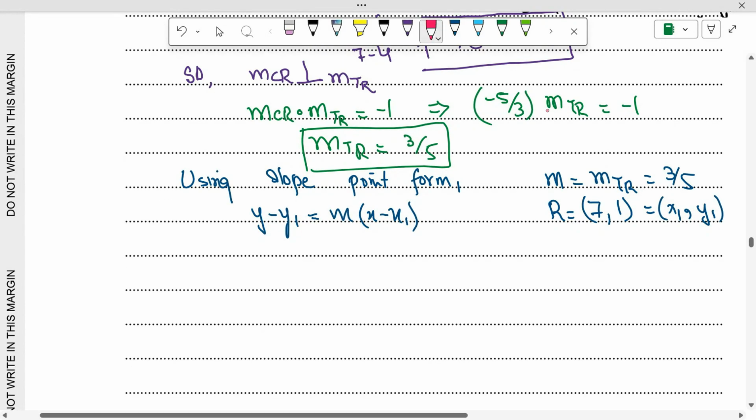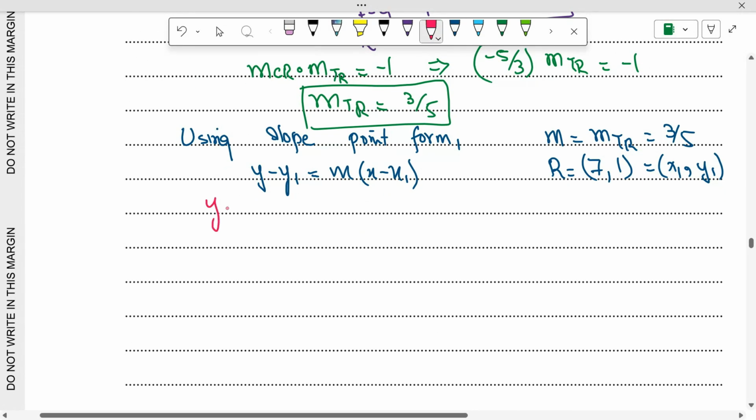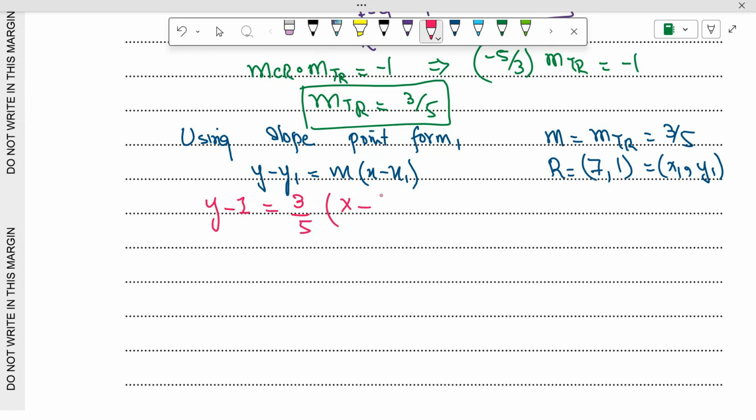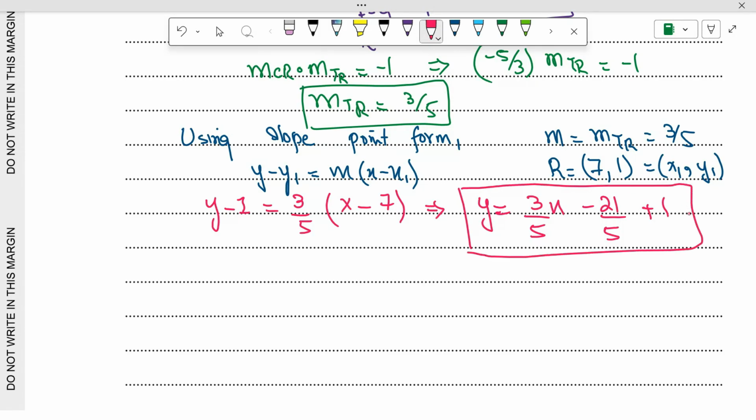So by using these values, we have y minus 1 equals 3 over 5 times x minus 7, and this gives y equals 3 over 5 x minus 21 over 5 plus 1. So this is the equation of the tangent at R.